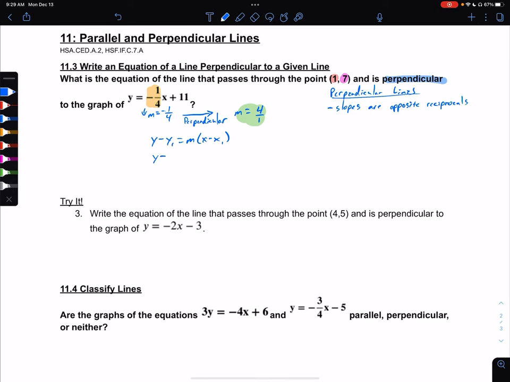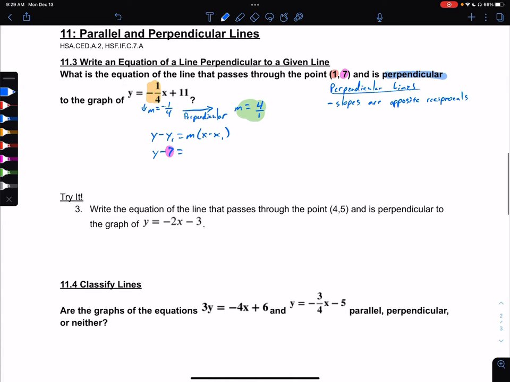So we have y minus 7 in this case. That's our y value, equals m, which is going to be 4/1, or just 4. I'm going to keep the rise and run just so we can talk about it a little bit. And then we're going to subtract 1 here. So that's my equation of the line that passes through the point.